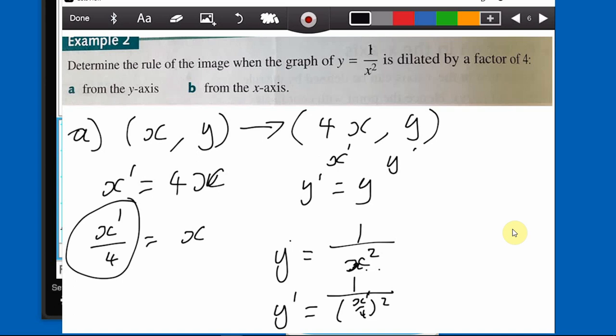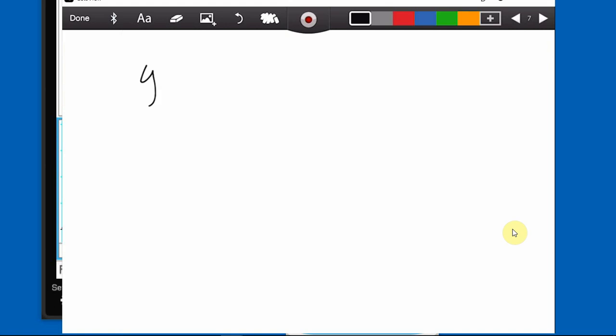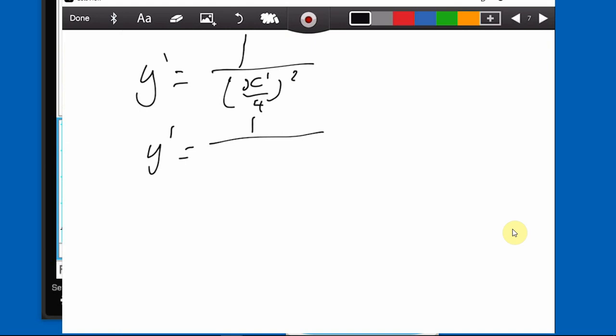So I've got Y dashed equals 1 over X dashed on 4, and we've got to square that. So Y image is 1 over X dashed squared over 4 squared, which is 16.